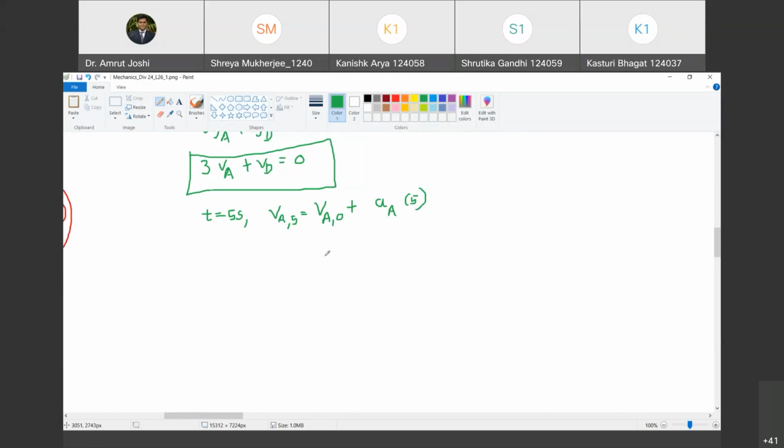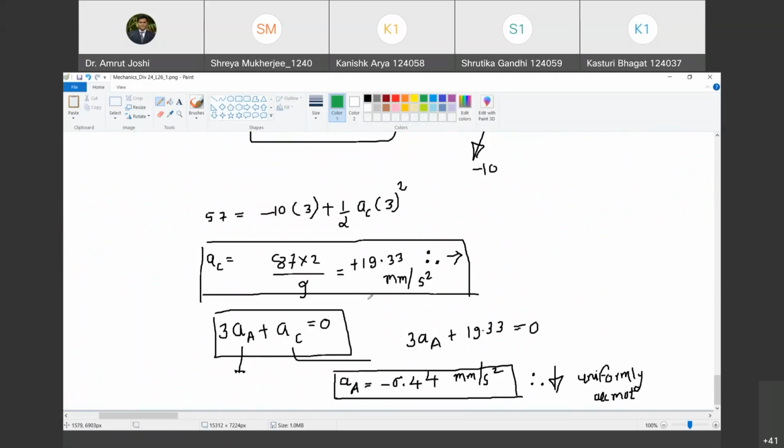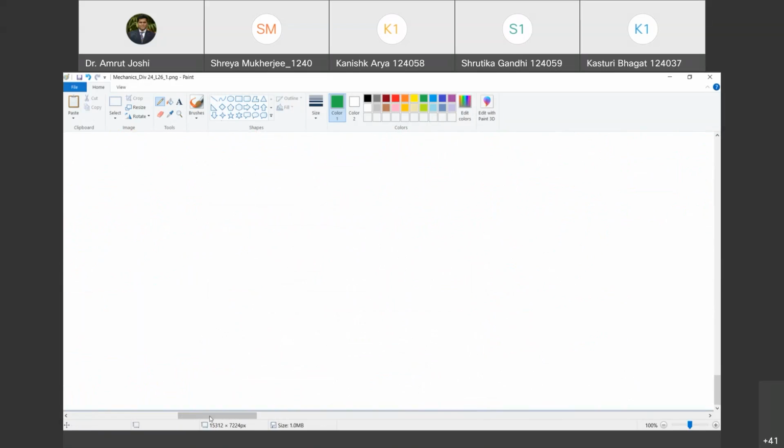V is equal to u plus at. Agreed? Yes, sir. Why can we apply this equation? Because block A is exhibiting uniformly accelerated motion. Is that right? Yes, sir. Block A is exhibiting uniformly accelerated motion. Therefore, we can use that formula. Are you with me? Yes, sir. So I will write that.